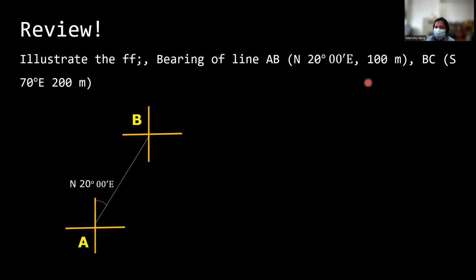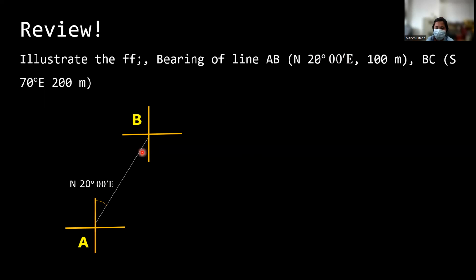Now again, let's go back: the bearing of our A to B is equal to 20 degrees northeast. If this is 20 degrees northeast, therefore, if there is no error in the observation, this angle here is also equivalent to 20 degrees, but the direction is southwest 20 degrees.